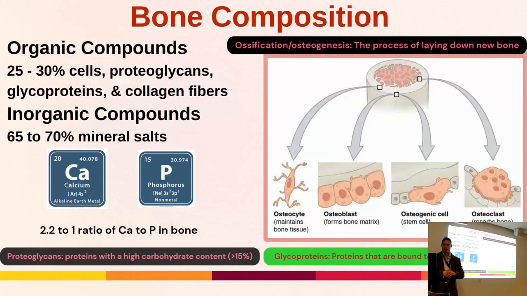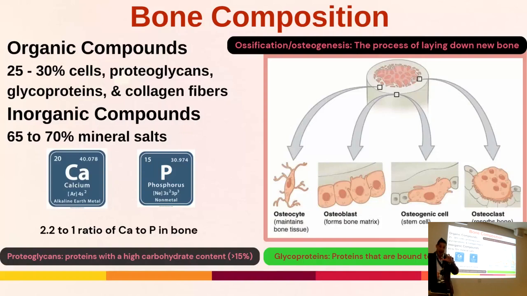Glycoproteins and proteoglycans are kind of sticky protein structures that we find within our bone. And collagen fibers, well, we all know collagen as connective tissue, which binds things together.